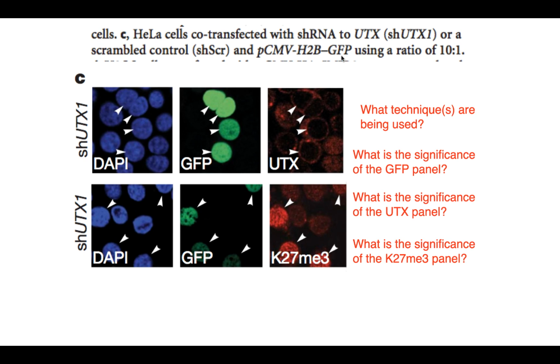This is just a way to determine which cells were successfully transfected. So in this part here, what we're looking at is DAPI stain, meaning it shows all of our cells.